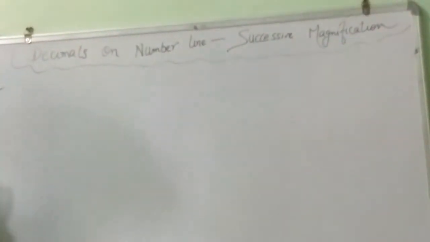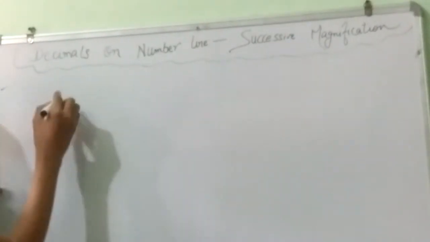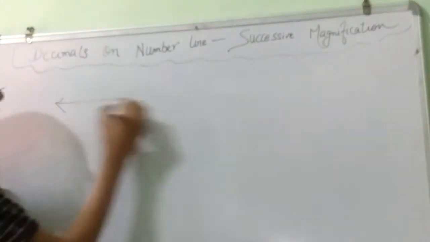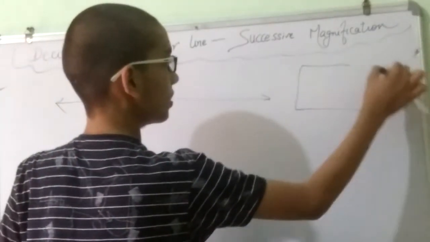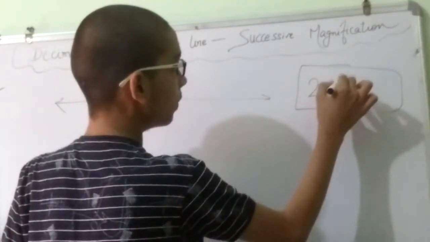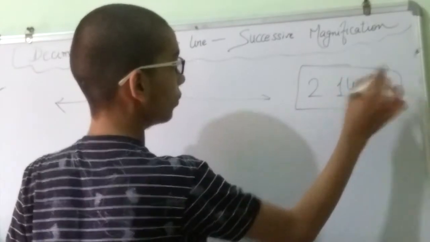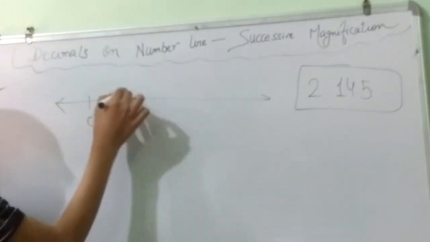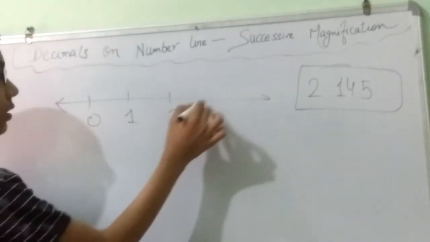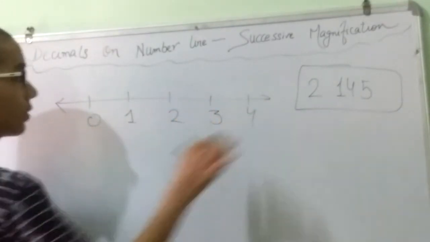Now let's see what is successive magnification, students. Here is a number line, okay, and you have to represent 2.145 on the number line. So how can you represent? Firstly, make a number line 0, 1, 2, 3 and so on.